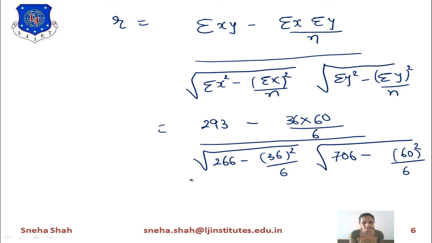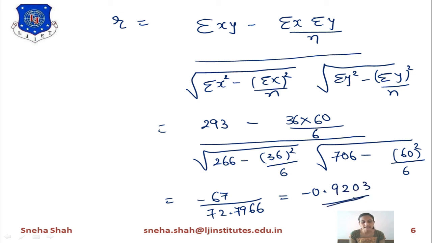Now if we simplify this, the above term will be minus 67 divided by 72.7966, and solving this, the answer equals minus 0.9203. So this is your final answer for the correlation coefficient.